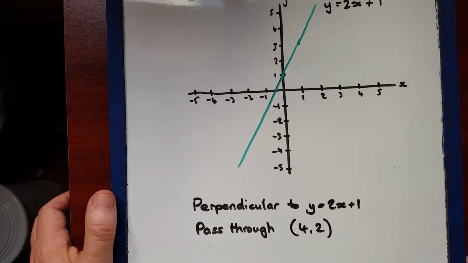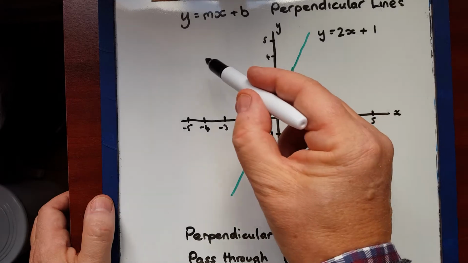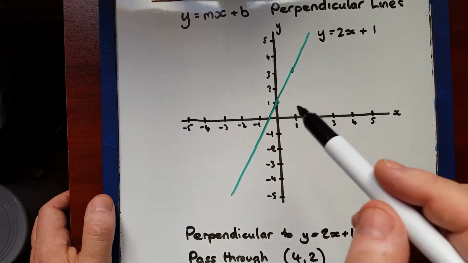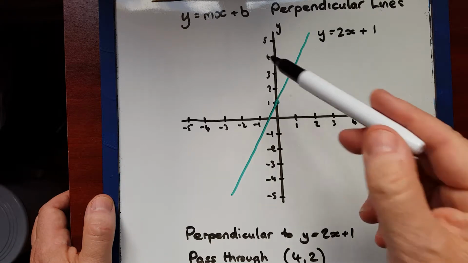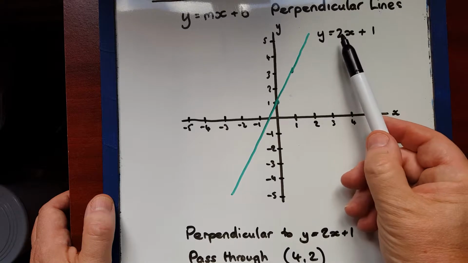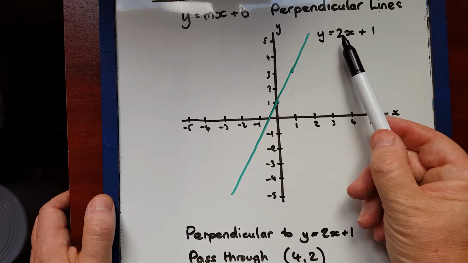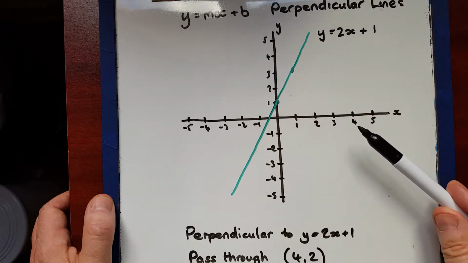So, what do we do? Well, let's have a little think. First of all, if it's going to go perpendicular, it's going to go in the opposite direction. So it's going to be a negative line, isn't it? Whatever we have on our original line, we're going to have a negative version of it on our perpendicular line. So here we've got 2x. It's definitely going to be a minus something x because it's going to slope backwards.